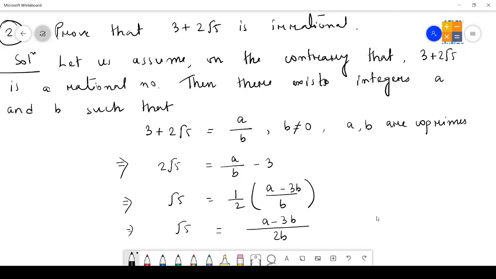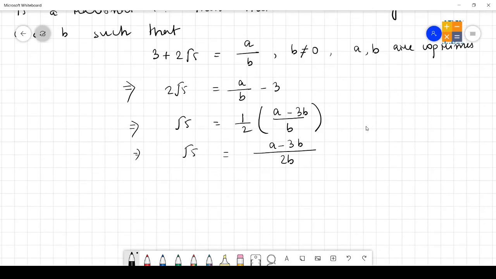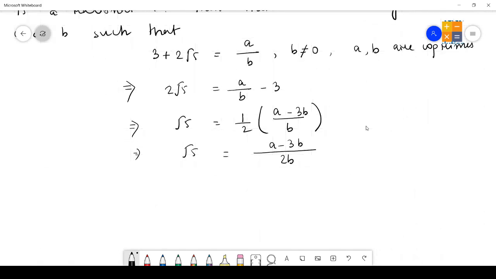Now if we notice in the step, it is very clear that on the left hand side we are getting an irrational number, because the square root of any prime number is always an irrational number. This part is irrational. And if we notice this one, a is an integer, minus 3 is an integer, b is also an integer, and in the denominator part 2b, both are integers.